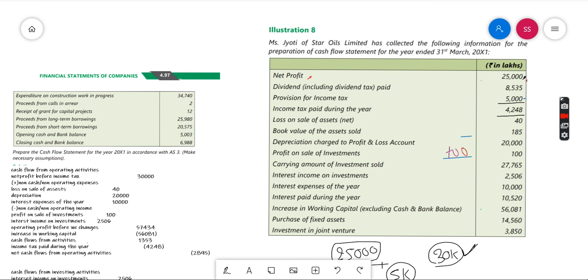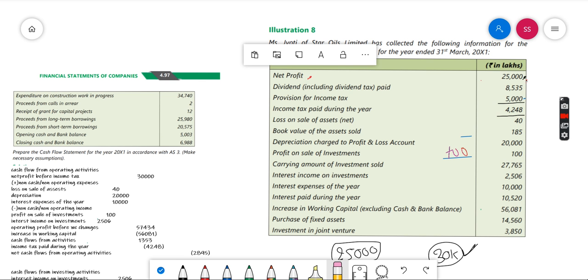So we need to do this problem using the indirect method, and we can do that because they gave the net profit, right? According to our format which we discussed in the second part, we need to start the solution with net profit before tax.